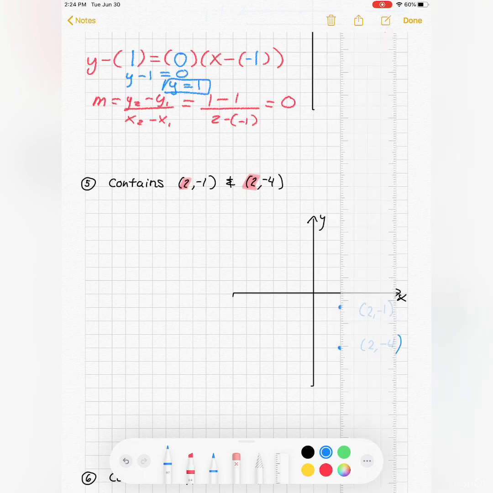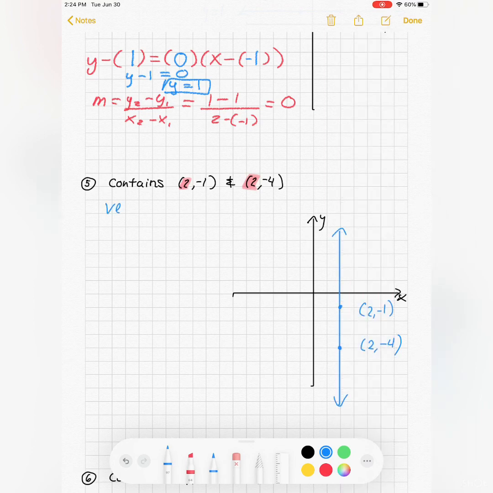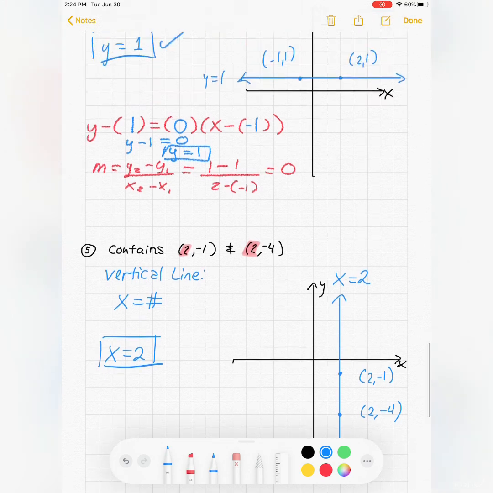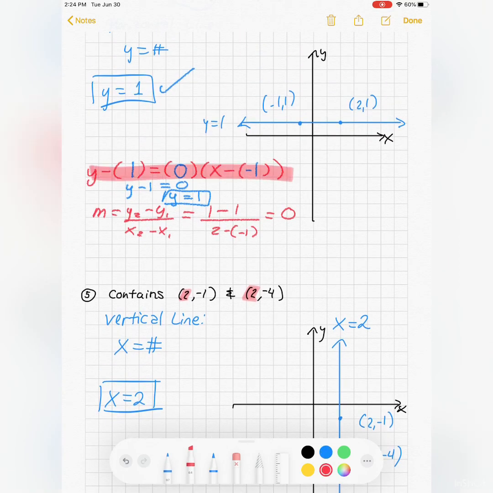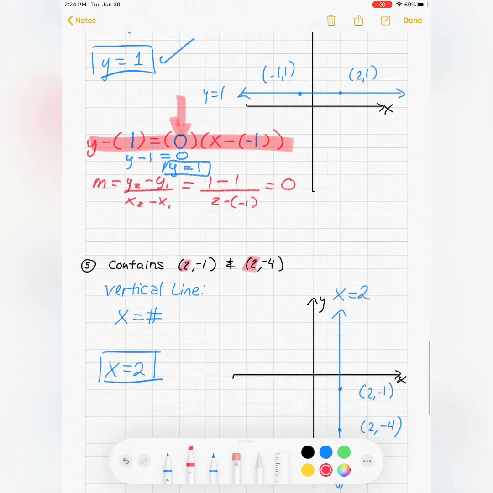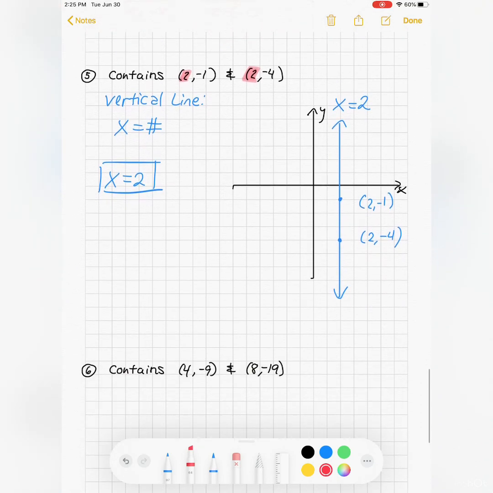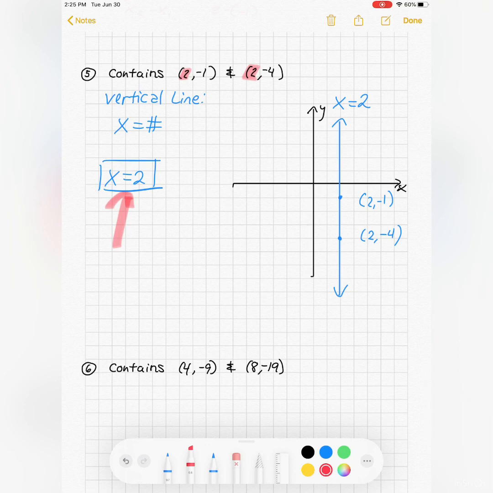So you see, that's the other special case. That's a vertical line. I know vertical lines are always of the form x equals number, so x equals 2. So actually for this one, I can't even use the point slope form because the slope for a vertical line is undefined. So actually for this one, I have to rely on the fact that I know the equation of a vertical line just by looking at the information given.